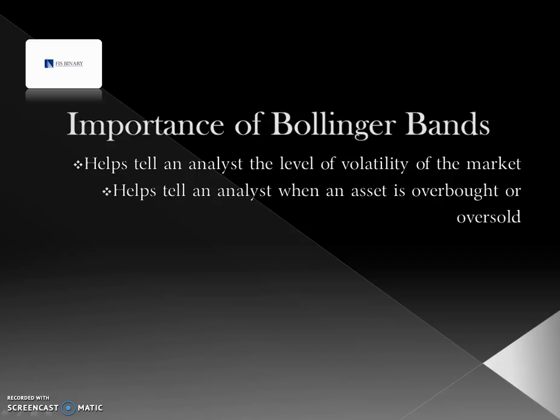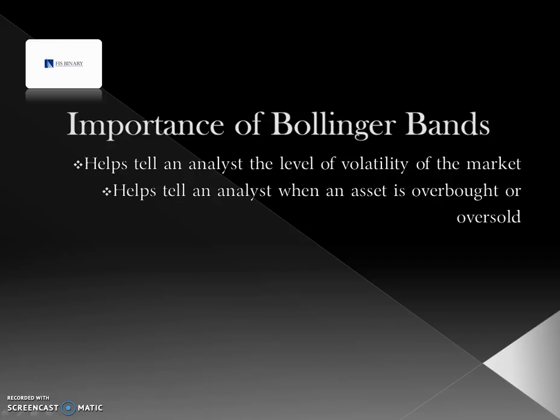In the case of oversold, it implies that because the price of the asset is very low, suppliers are not willing to supply the asset because of the low price. Given the shortage in supply, it causes demand to outstrip supply. And when demand outstrips supply, it causes the price of the asset to start rising.